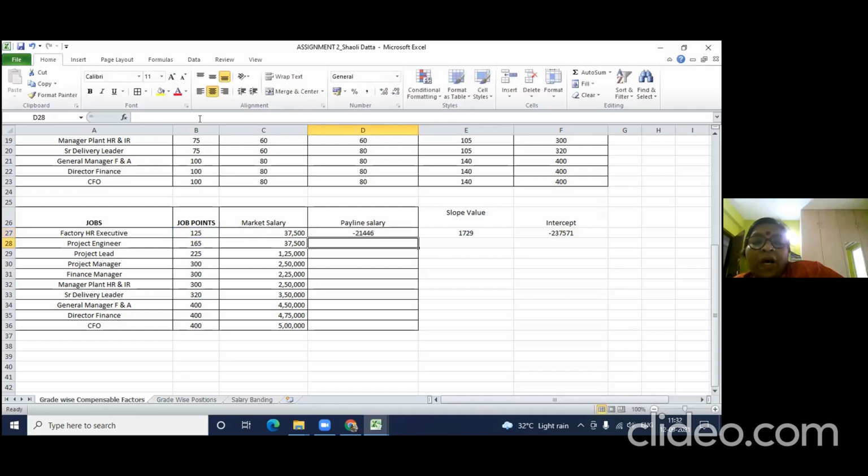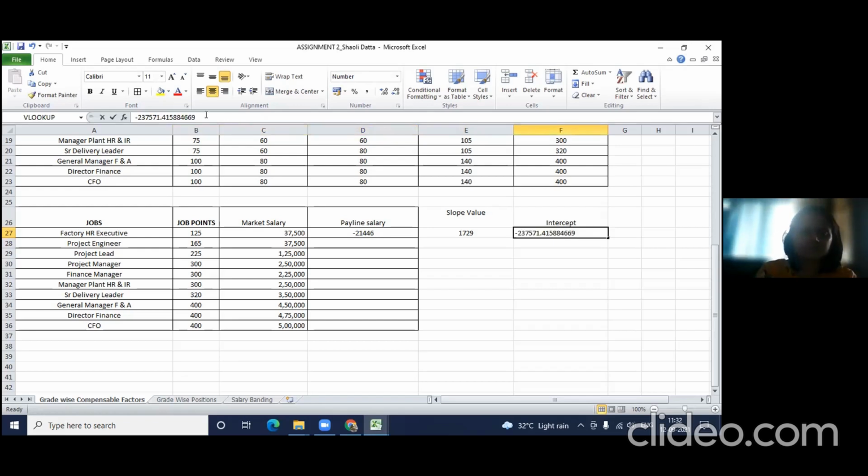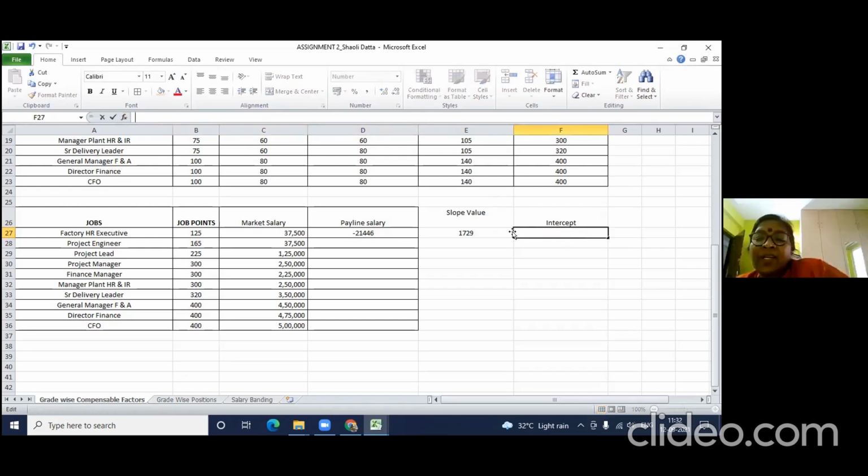Okay. You've done that a little wrong. Do it again. So this should be plus, because minus is it that way? No. 1729 multiplied by B27. Can you do your intercept once again, if you don't mind? Your intercept value.